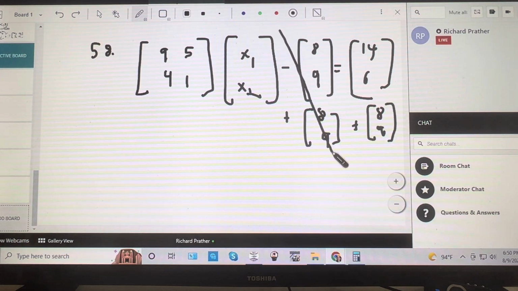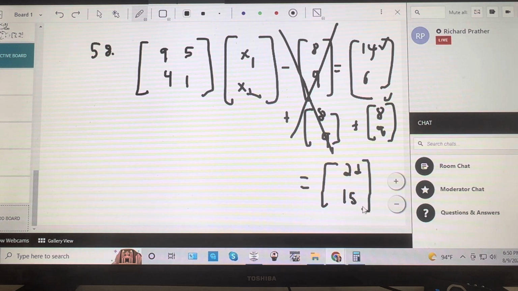That's the additive inverse right there. So 14 plus 8, you just add the similar parts. 14 plus 8 is 22. 6 plus 9 is 15. So now you got two choices.